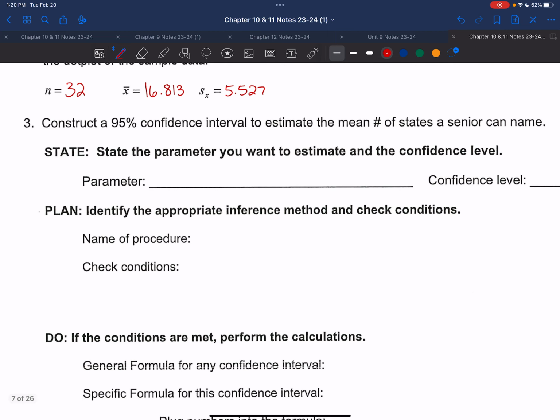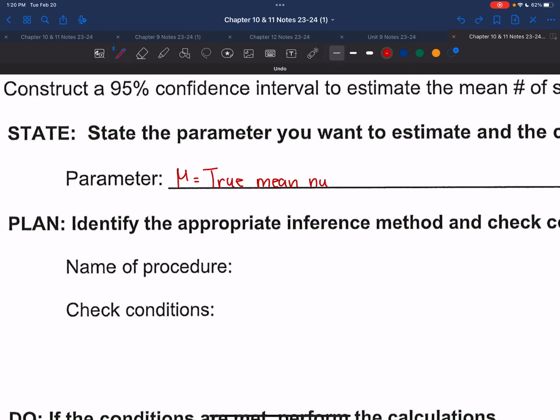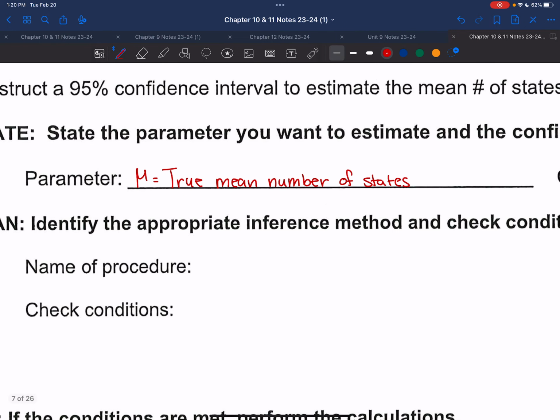So if we were doing a 4-step process like this, first part, I need to know the parameter and the confidence level. So our parameter, mu, represents the true mean number of states an AP Stat student can name in 1 minute.